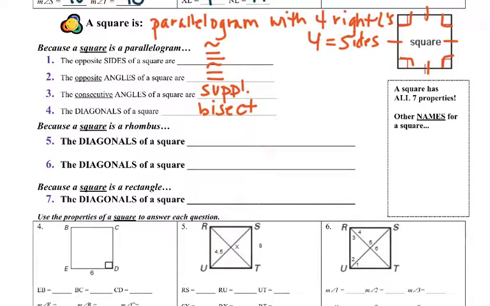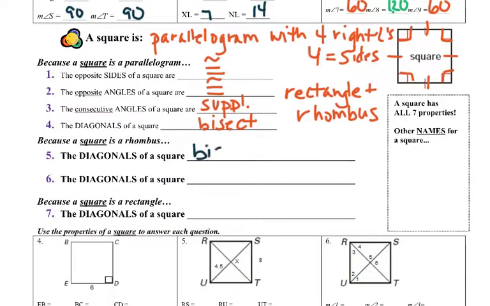Now, this is interesting. A square is really a rectangle plus a rhombus. Think about it. Think about the definitions. Rectangle is 4 right angles. Rhombus is 4 equal sides. So a square is kind of both. So it's going to have all those extra properties from each one. So because it's a rhombus, the diagonals bisect the corner angles.